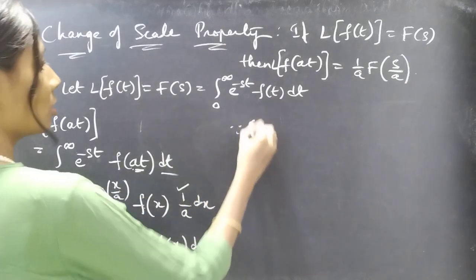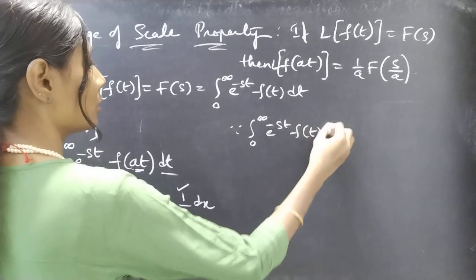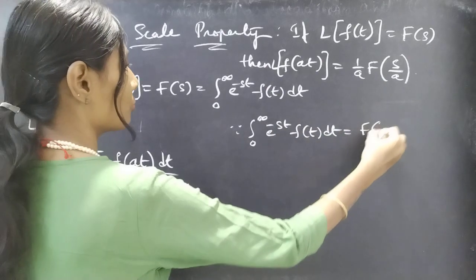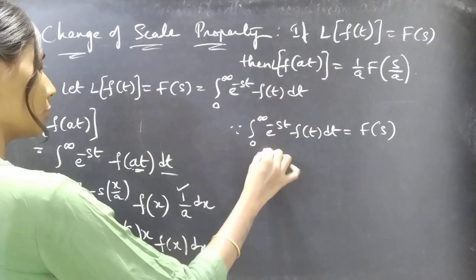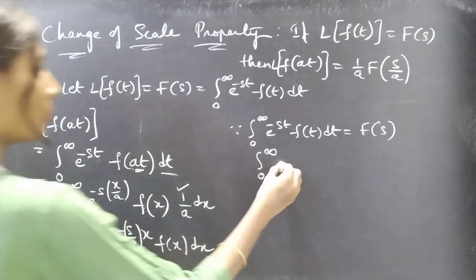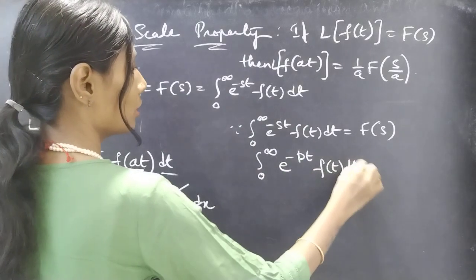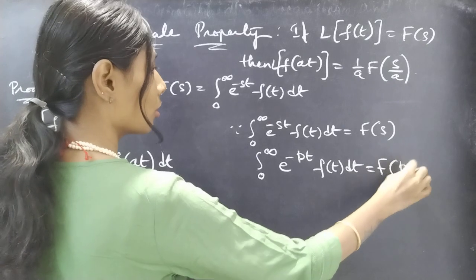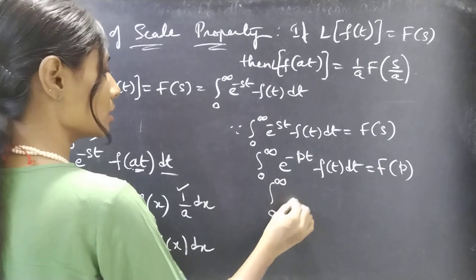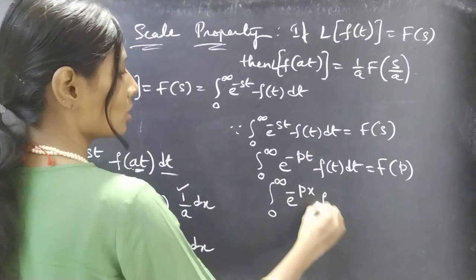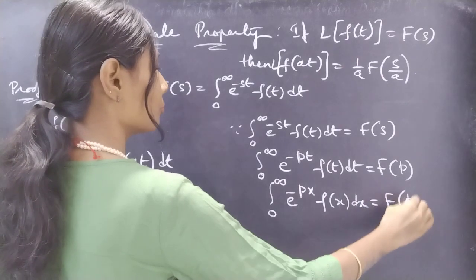Since we know that the integral from 0 to infinity of e power minus st f of t dt equals F of s, then the integral of e power minus pt f of t dt will be F of p, or the integral of e power minus px f of x dx will again be F of p.